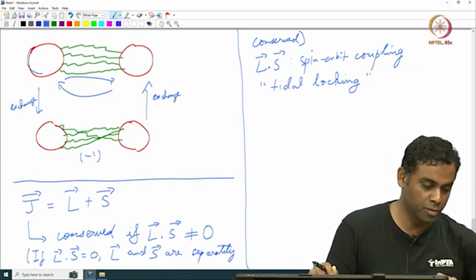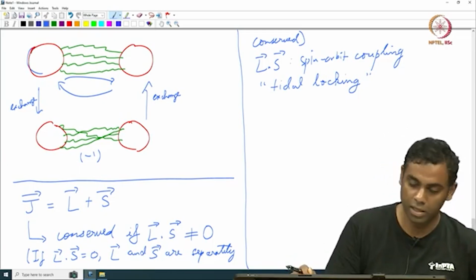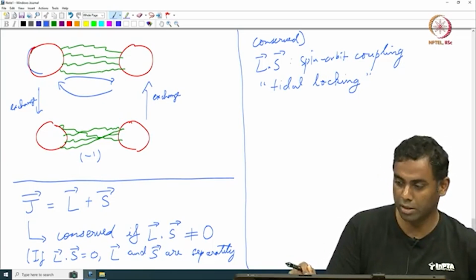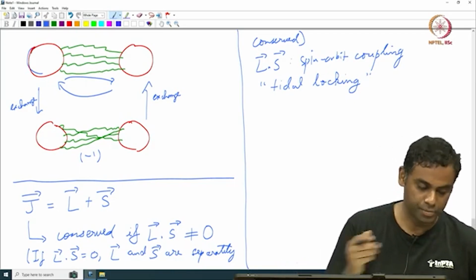Okay. So, similar things can happen in quantum mechanics as well, right. You can have an L dot S which mimics the Zeeman effect, for instance.